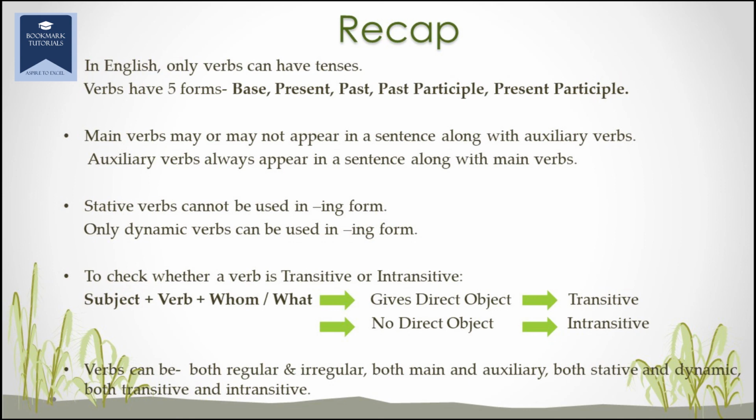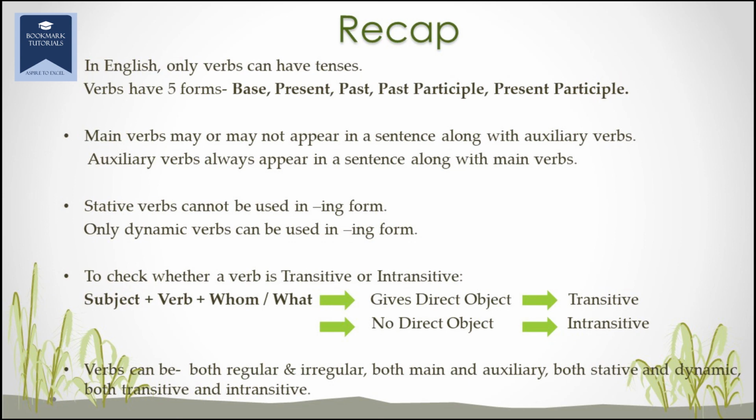Stative verbs cannot be used in ing form. Only dynamic verbs can be used in ing form, because the ing form or the present participle form indicates an action that is being done right now, which makes it dynamic.